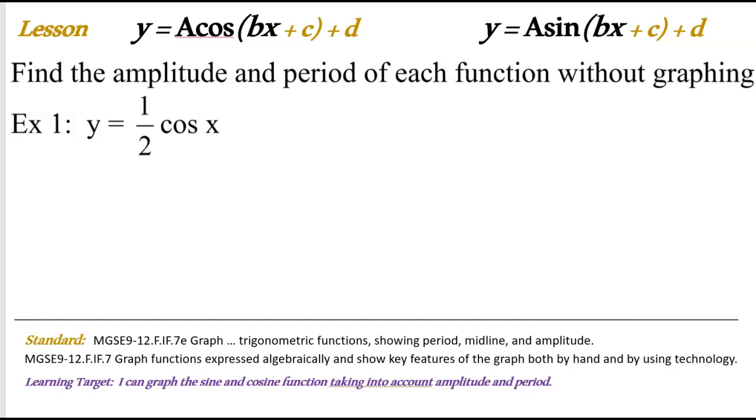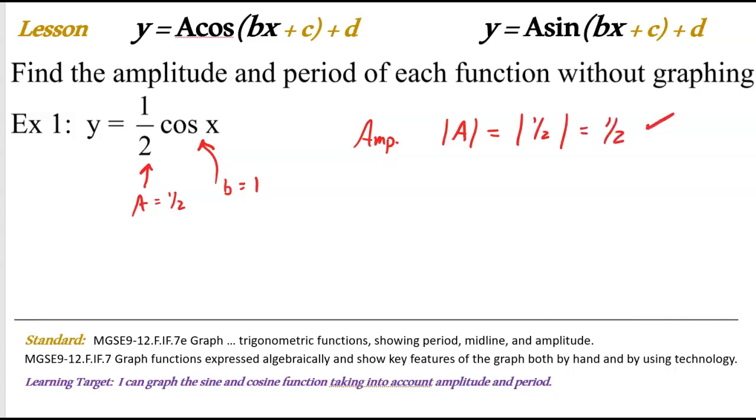Okay, so I know that A in this problem is 1/2, and I know that B is understood to be 1, the coefficient of x. Okay, so the amplitude is the absolute value of A, the absolute value of 1/2 is 1/2.